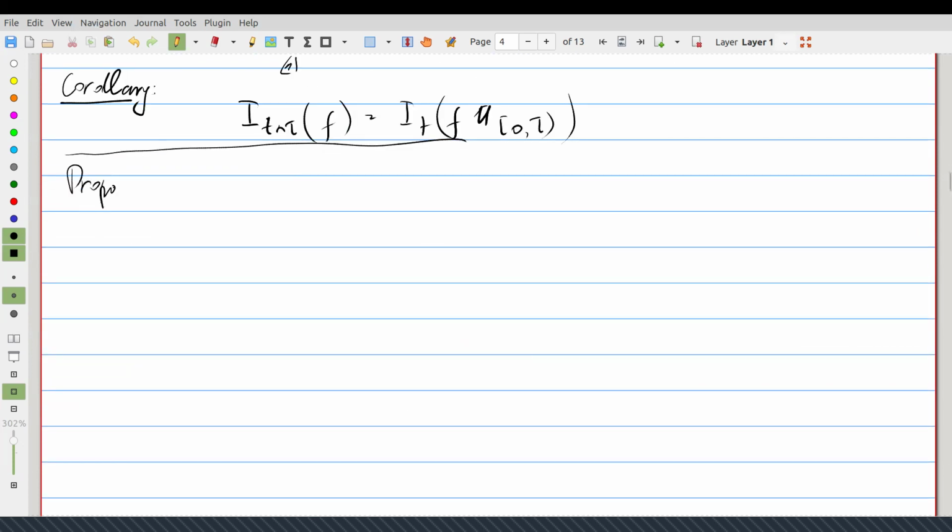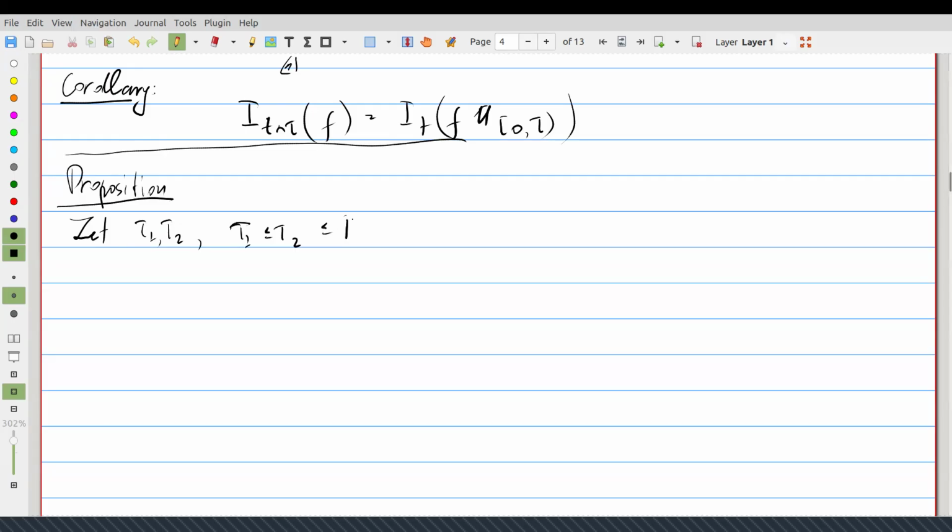This proposition I'm not going to prove because it's very expected and can be proved very similarly as the propositions discussing L2 properties of stochastic integrals with non-random upper limits.